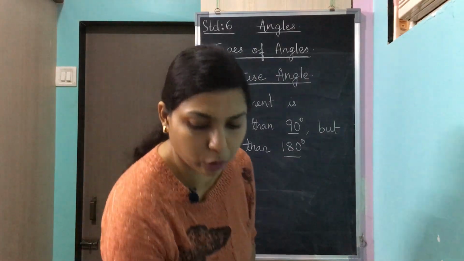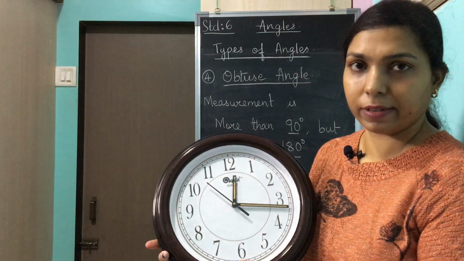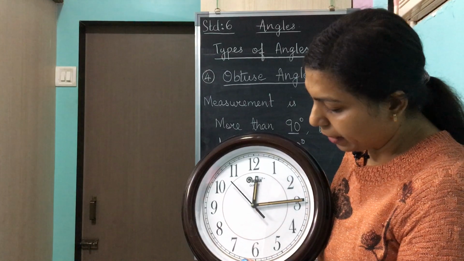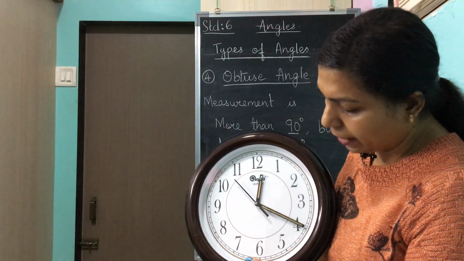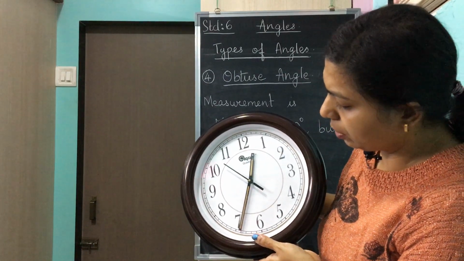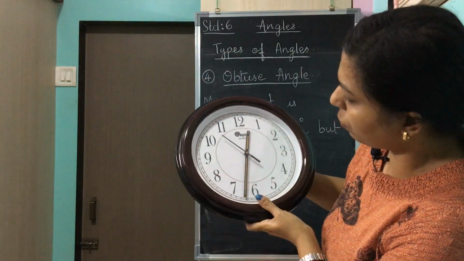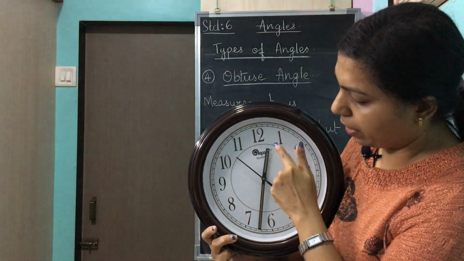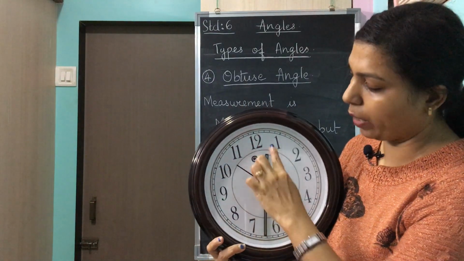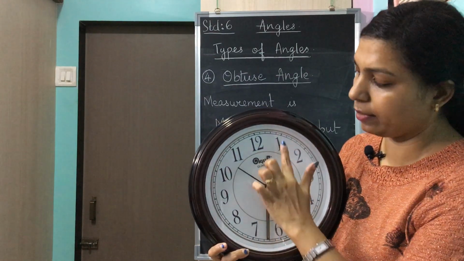So if I have to show it to you on this clock, this angle is 90 degrees. And what do you mean by a 180 degree angle? If I move the hand of the clock in such a way that I get a straight line formation, there is a straight line which is now formed. So when the position of the clock is in this manner, where you have a straight line, this is a 180 degrees angle. It is a straight line.